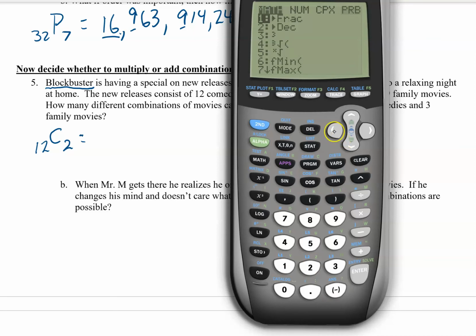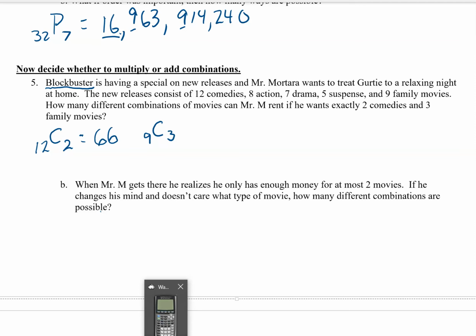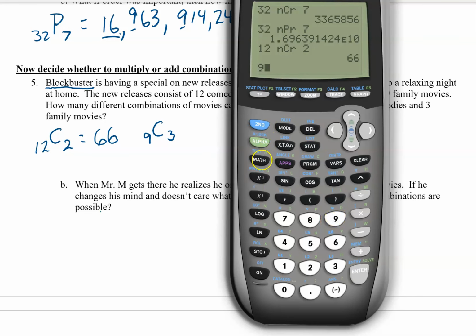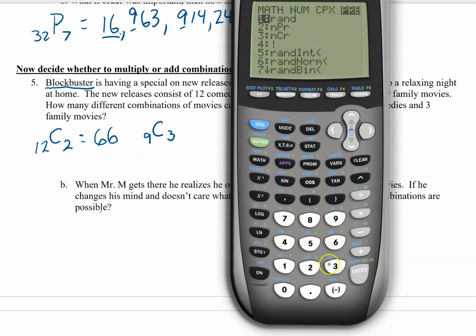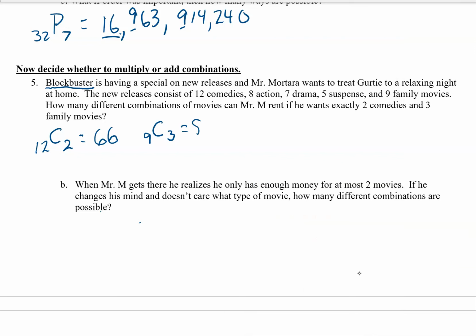Math, probability, NCR, 12 choose 2. 66 ways. And then he's going to choose exactly 3 family movies. 9 choose 3. So we're going to do 9, math, probability, NCR, again, order doesn't matter, 3. There are 84 ways he can pick 3 family movies from among 9 family movies.